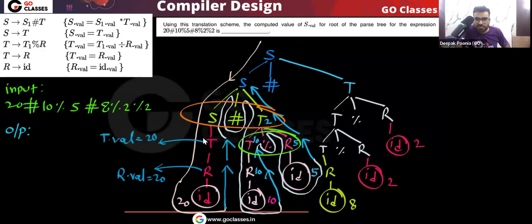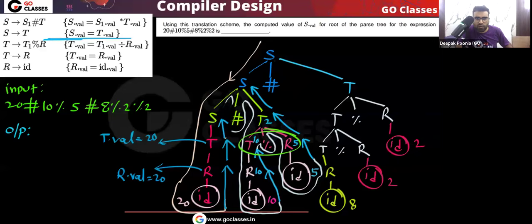Actually, one more thing here. There was one more reduction, t going to s. We missed it here. This t is reducing to s. Immediately after this reduction, we will perform this semantic action.